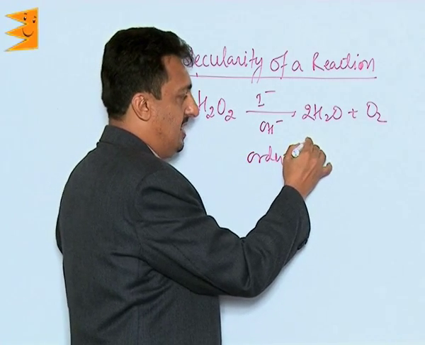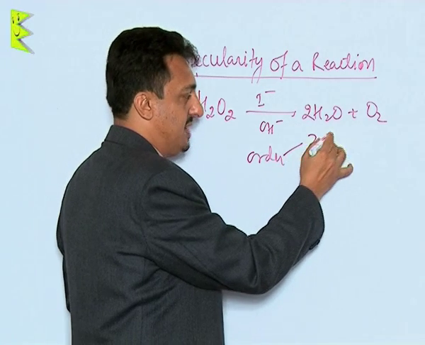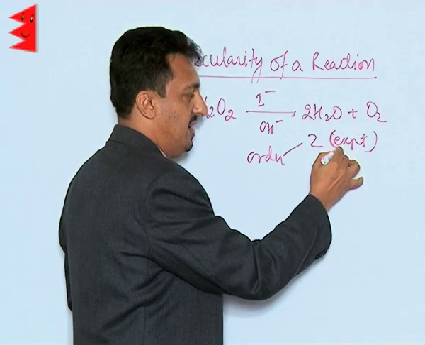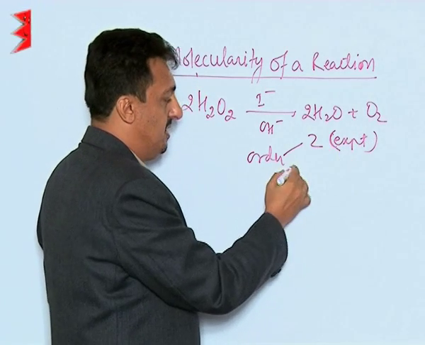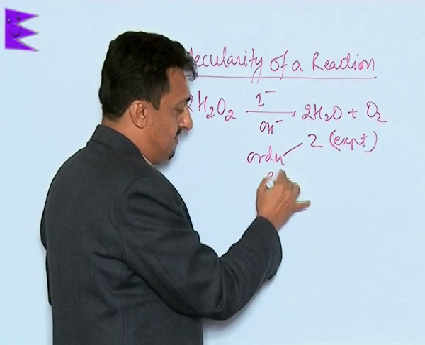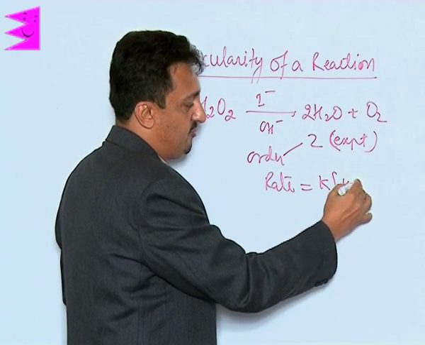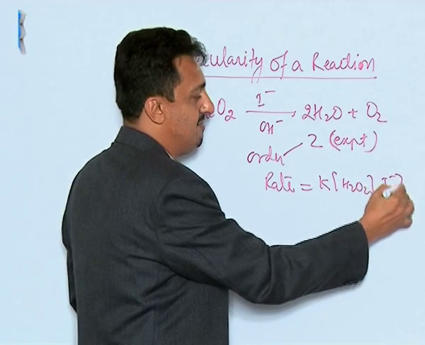that the order is found to be 2 experimentally also. Yes, it is found experimentally also to be 2, but the rate expression says it is K, H2O2 and I minus.